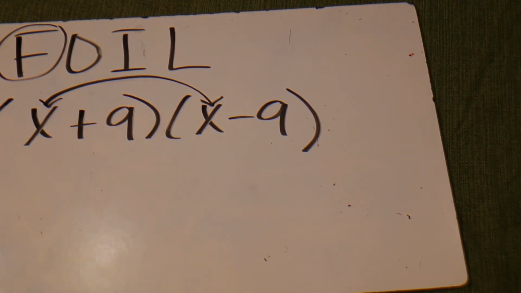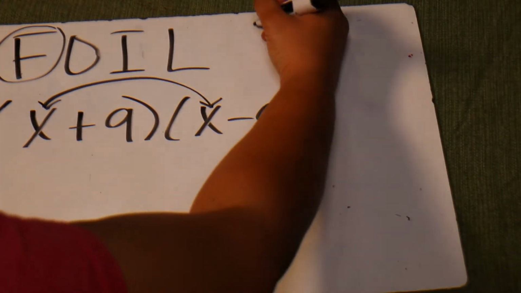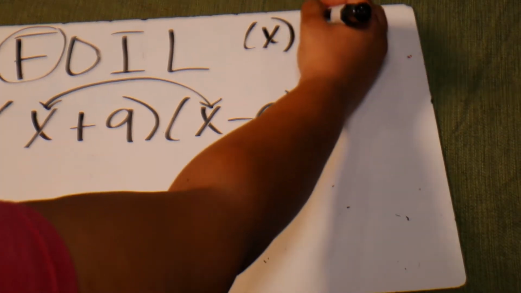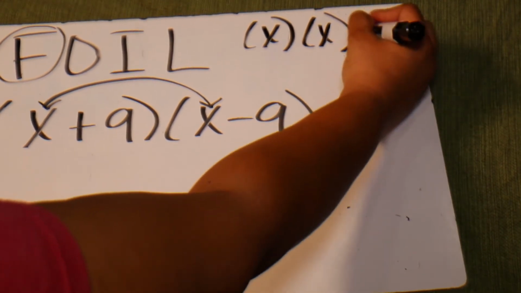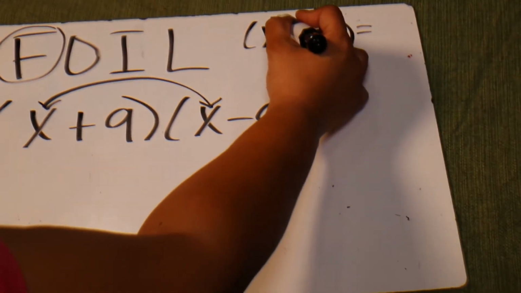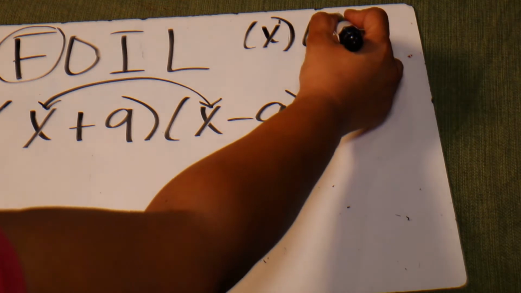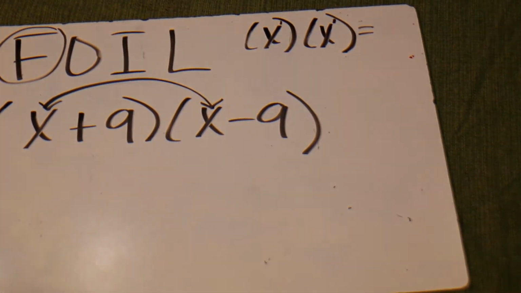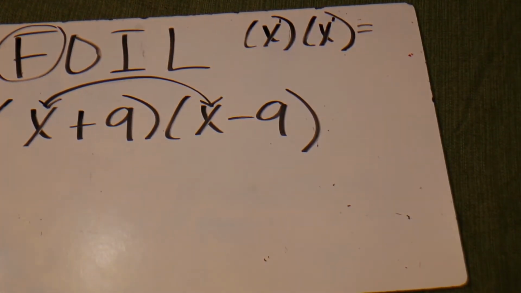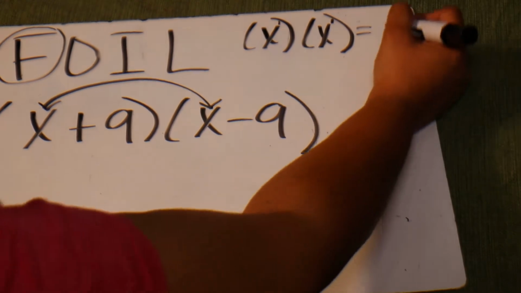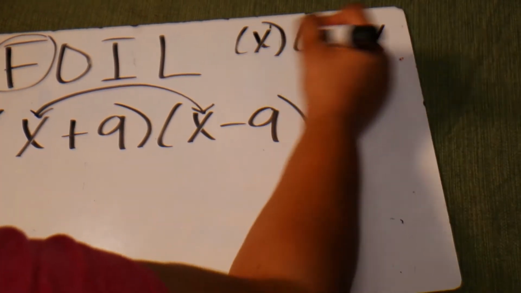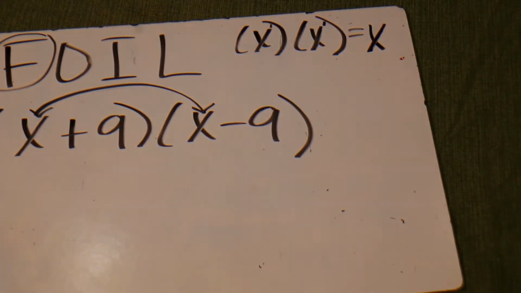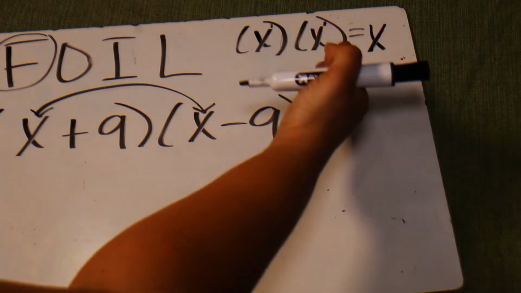Now remember, when we're multiplying variables, I'm going to write this on the side, we have x times x. There's an imaginary 1 here. It has an exponent of 1. And it's invisible. We don't write the 1 because we already know it's 1. However, when we multiply variables, we are adding the exponents.